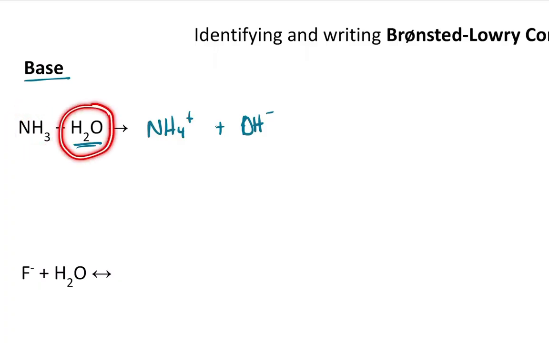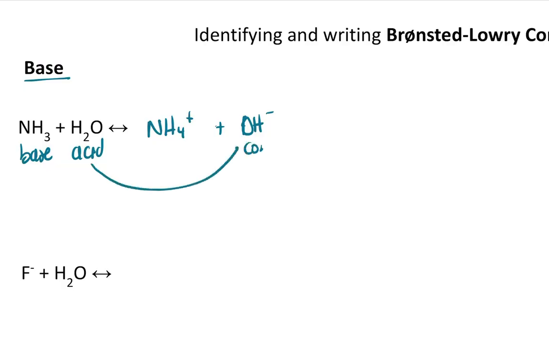The OH is coming from the water molecule as the base takes a proton from it. The water behaves as the acid because it donates that proton, and the NH3 behaves as the base. This is the conjugate base, and this is the conjugate acid.